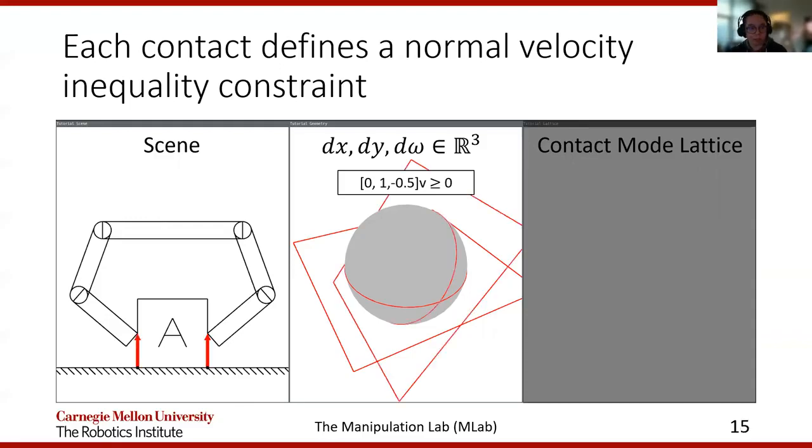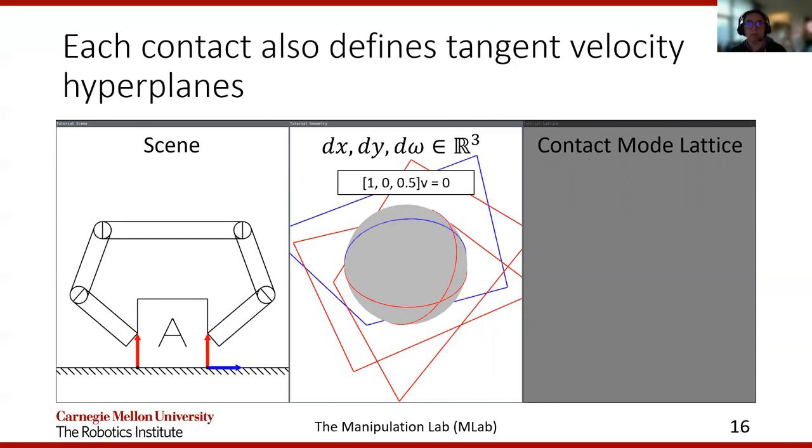If we add in the other contact, we now have two half spaces whose intersection defines the region of feasible velocities. Now, each contact also defines tangent velocity directions that you could be moving in. In this case, for a 2D example, the contact may be sliding to the right or to the left at the contact point.